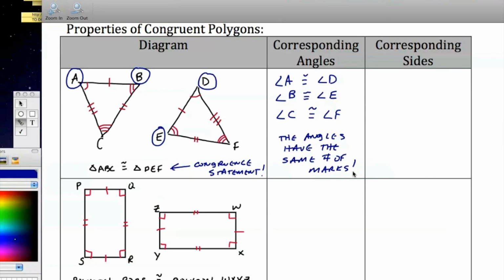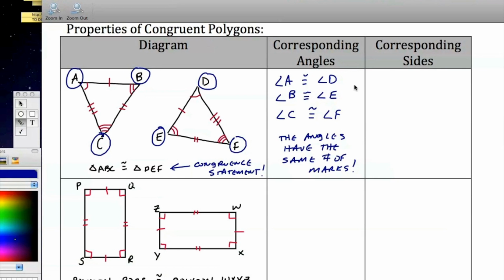That's the key to this. And so it's really just a matching game because F and C have 3 marks each, so they go together. D and A have 1 mark each, and B and E have 2 marks each. It doesn't matter how they're turned. Okay? It doesn't matter how the figures are turned.